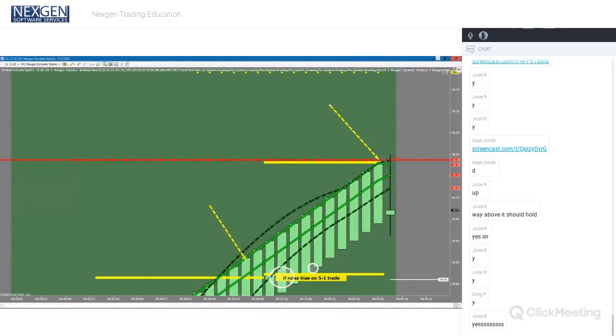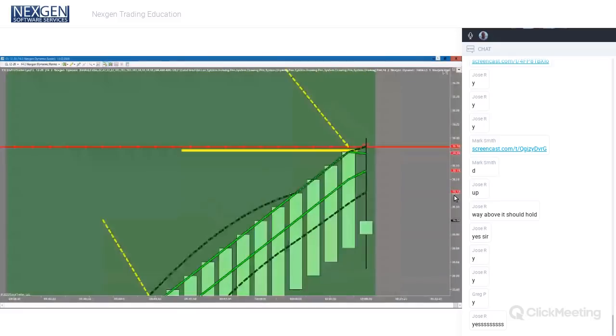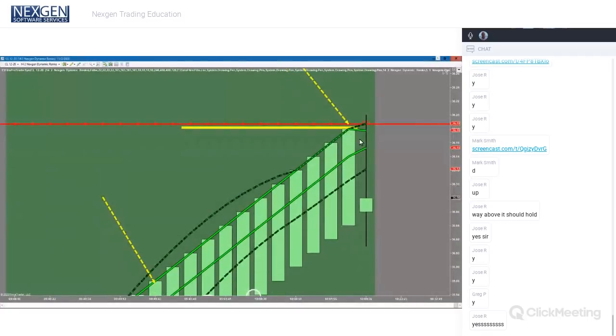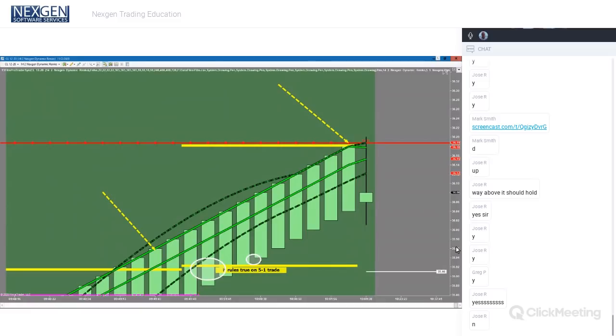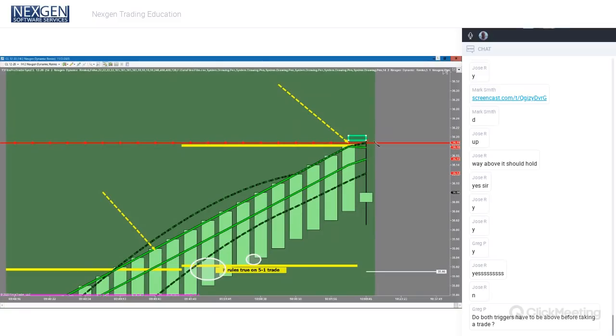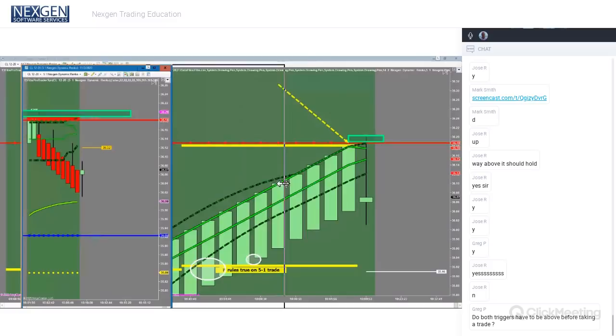Where are your triggers in relationship to the area right now on a 14-2 chart? They're up, but are they above it? No, not at all. So this is absolute 100% stop, which when you incorporate it with a small chart, right?